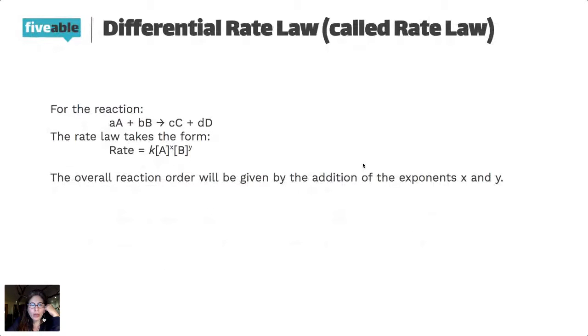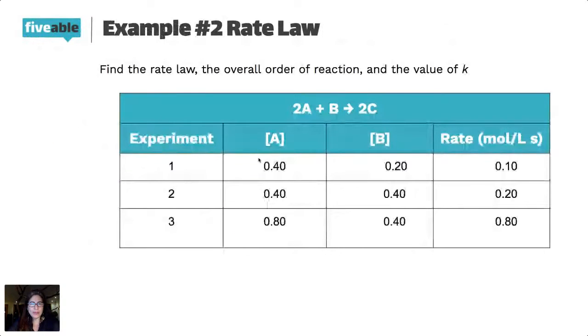The overall reaction order, which is also a common question, is the addition of the exponents, X and Y. And the exponent itself is the order of reaction of the specific reactant, as we're going to practice in a moment.